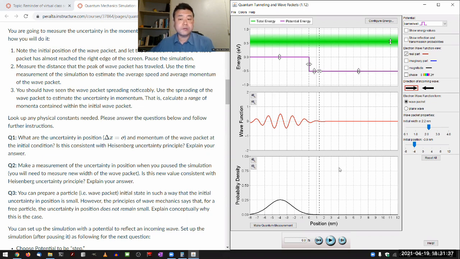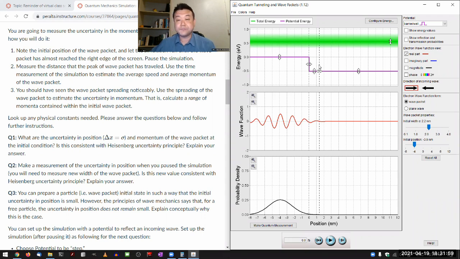Now, if someone were to ask what classical mechanics would predict, imagine a ball rolling along. It has some kinetic energy, and then it's suddenly going over a cliff.